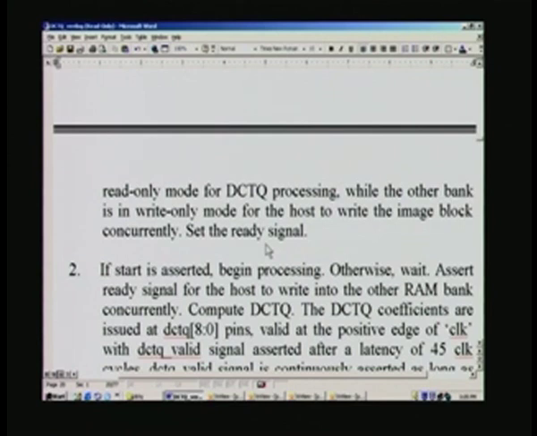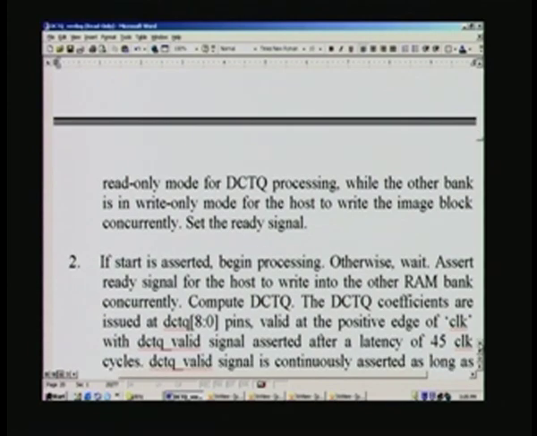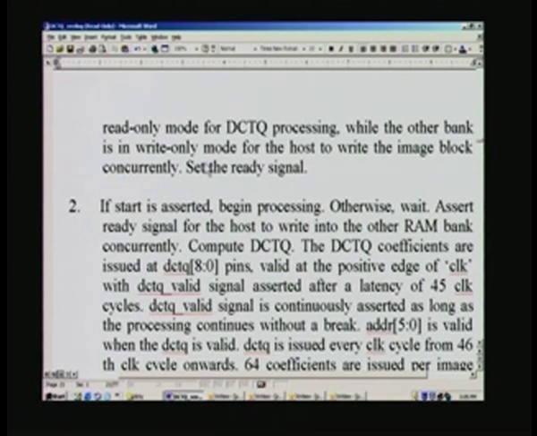Set the ready signal immediately, so that the next block can be written fast, and note that it is just 8 clock cycles you need for writing by the host. So the rest of the time it can attend to other cores.